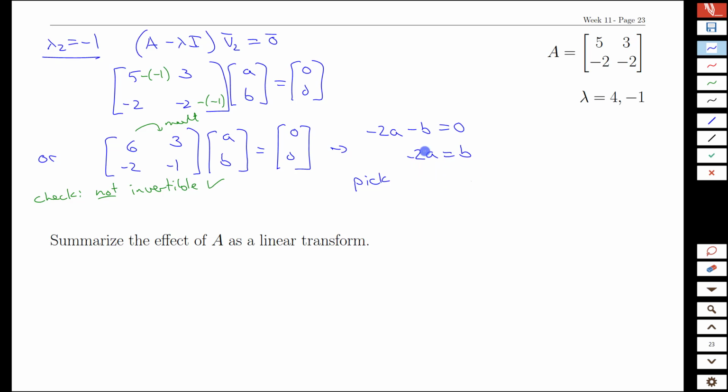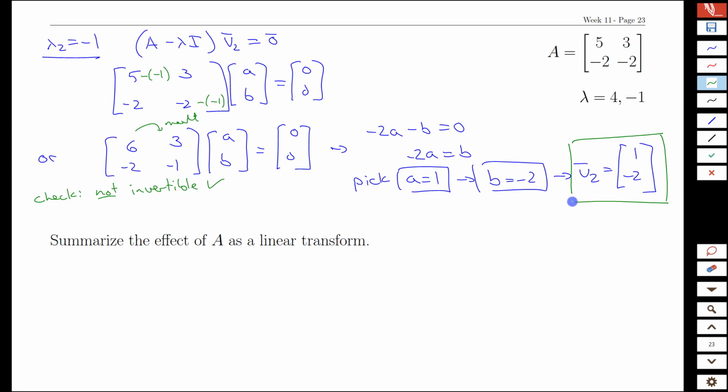That looks harder. Let's pick a equal to 1, because then we can find b really easily. Sub in the one that's not isolated. B is equal to negative 2, and that gives us v2 is the vector a is 1, b is minus 2, like so. So for this vector, it goes with this value.